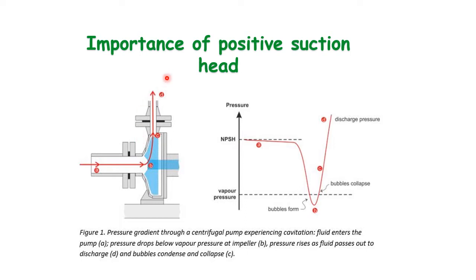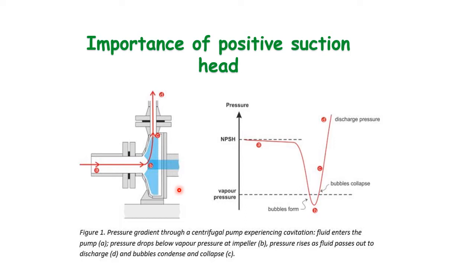Before we jump into the NPSHA and NPSHR, we should try to understand the importance of positive suction head for a pump. Basically, it's very important to have enough pressure for the pump for safe operation. Otherwise, it will face a cavitation problem.